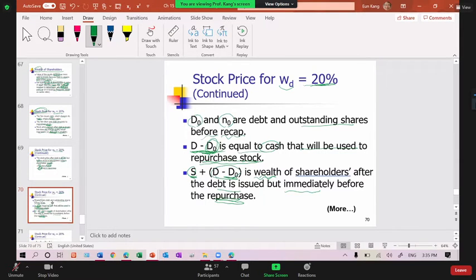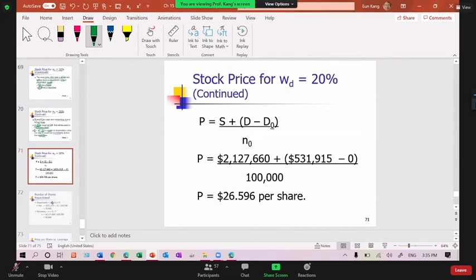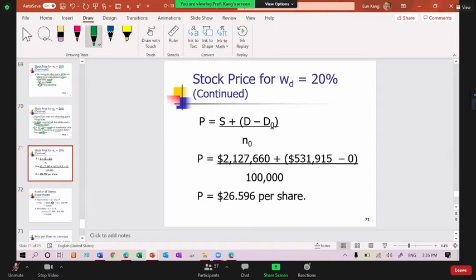Then let's apply that to the case of going from WD equals 0 to WD 20%. As I said, D0 is 0, and D is the new debt, which is 531,915.